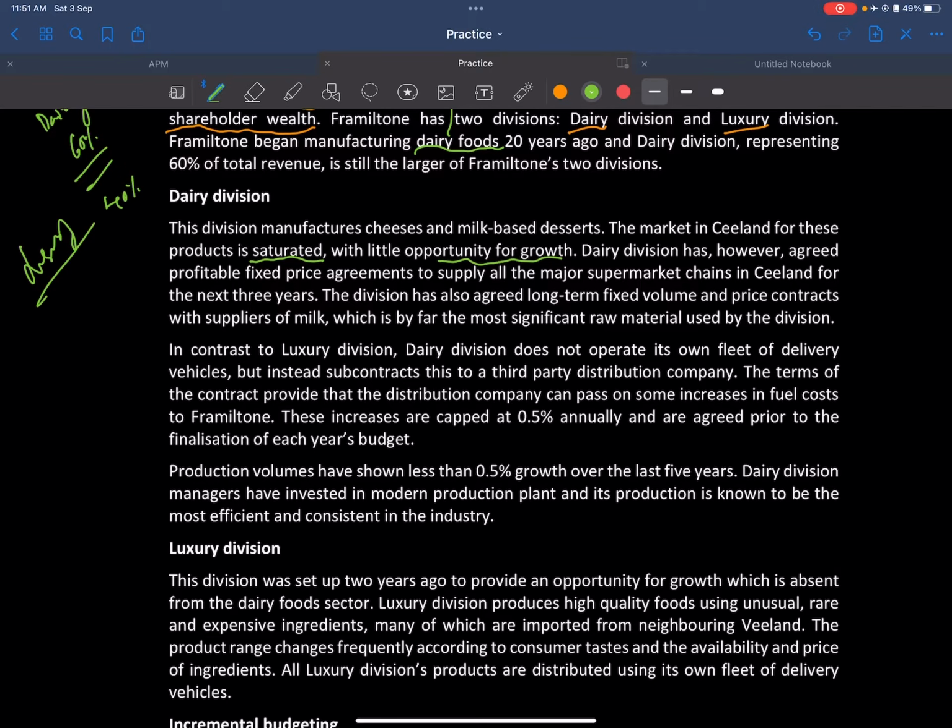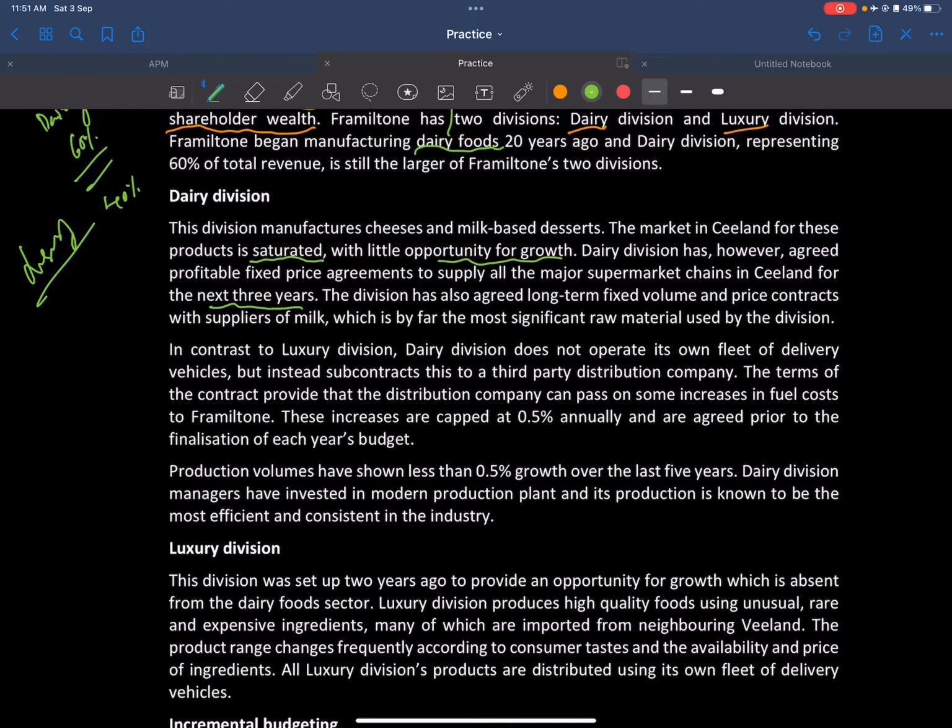But dairy division has, however, agreed profitable fixed price agreements to supply all the major supermarket chains in Sealand for 3 years. So it has supply agreements, right?